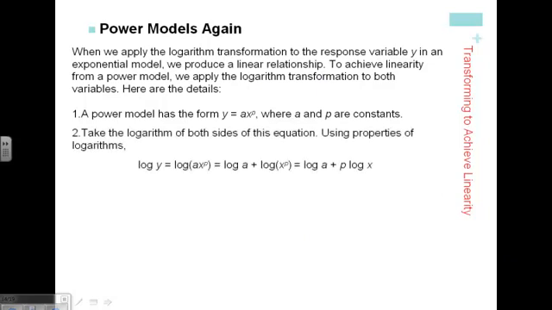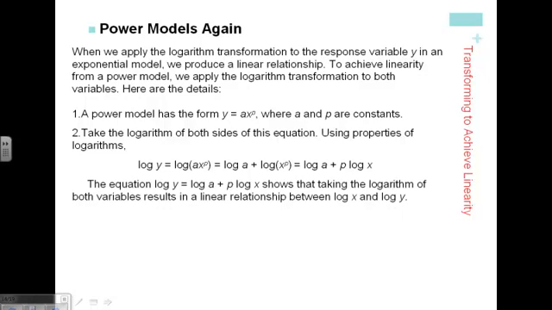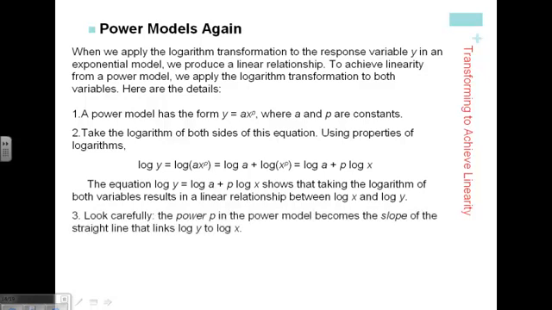Okay, there's them taking the natural log to both sides, just like I did. Oh, there's them saying log of y equals log a plus power times log x shows that it'll be linear. Okay, I said that too. The power p is the slope of the straight line. Well, that's nice. That means if we do the linear regression, all we have to look at is the b value and we'll know what the power is. That's nice.